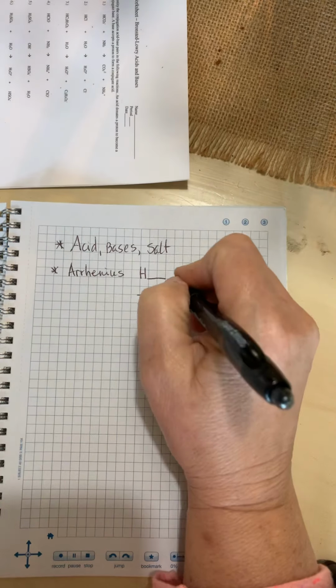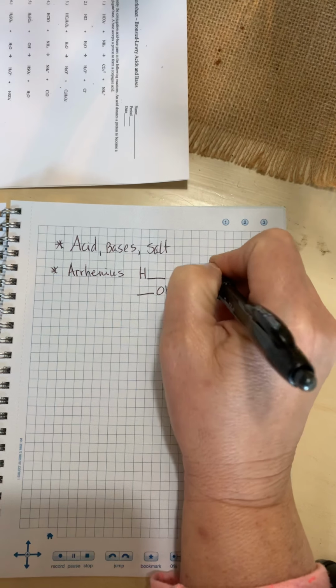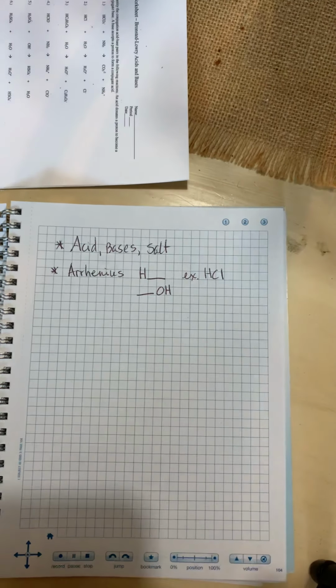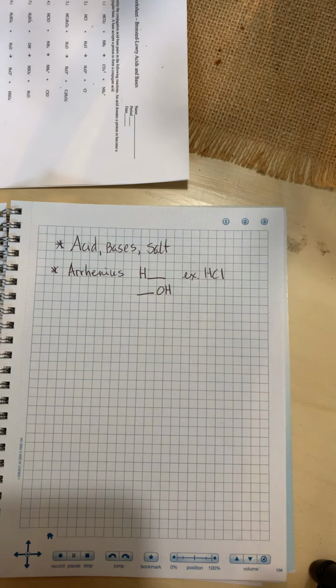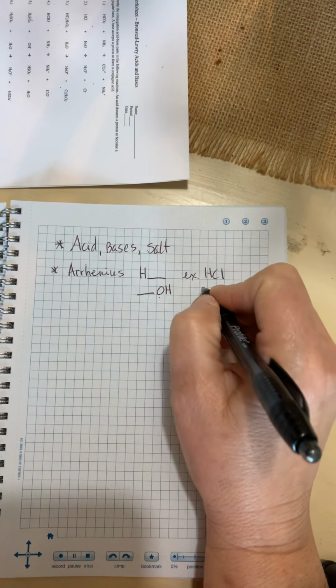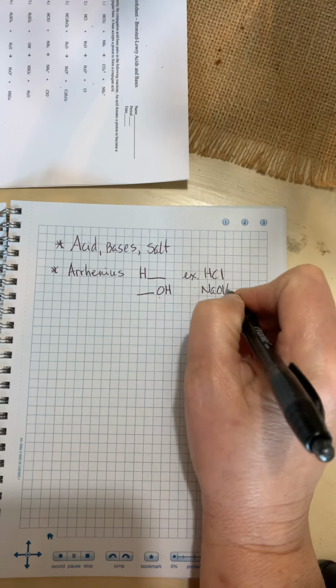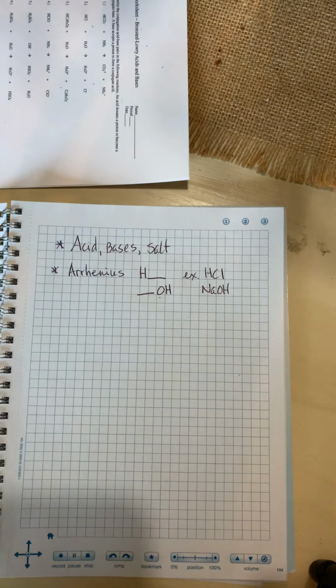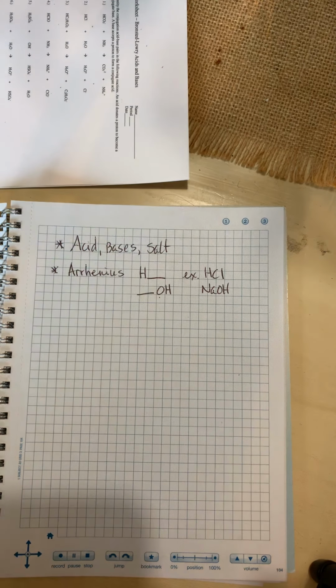An example of an acid is hydrochloric acid, which when it dissociates produces hydrogen ions. A base might be sodium hydroxide, which when it dissociates produces hydroxide ions. That's pretty straightforward in terms of Arrhenius.